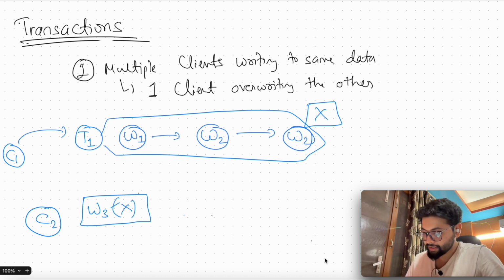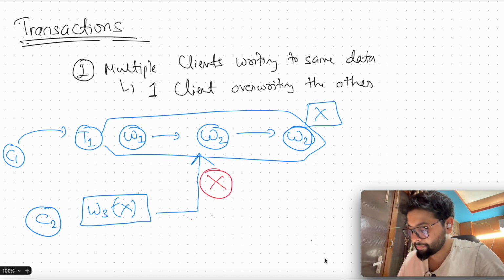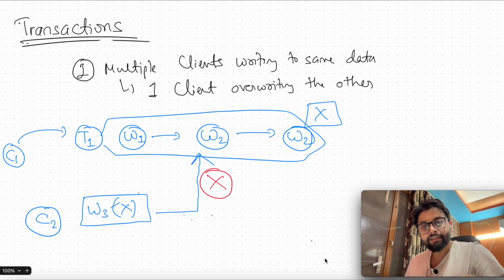If this transaction is currently in progress, then it will not allow other clients to perform a write operation on the same data item, because it can lead to data inconsistency.